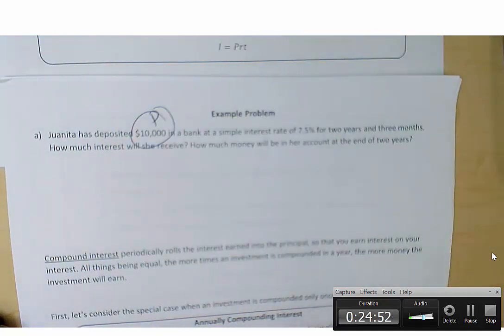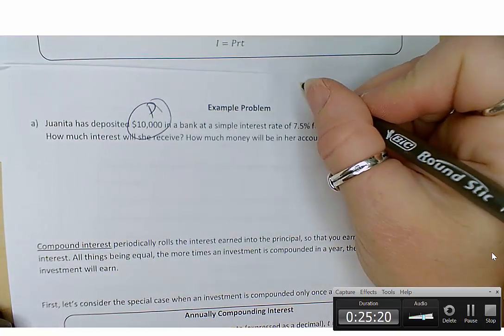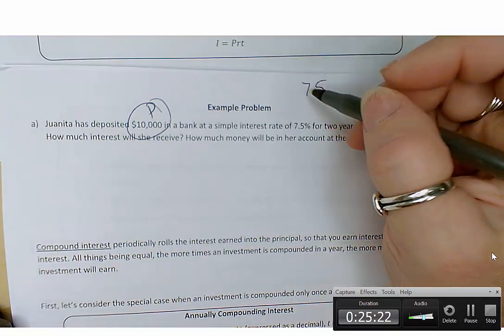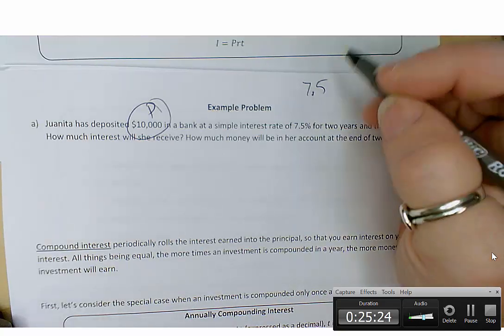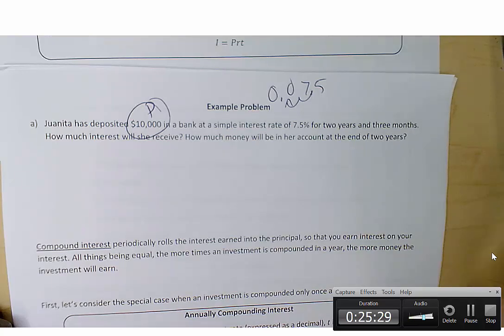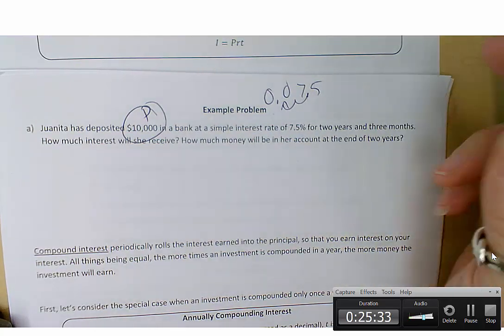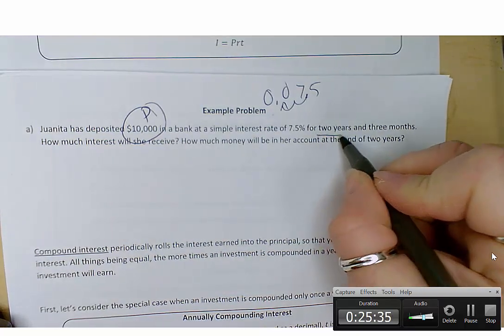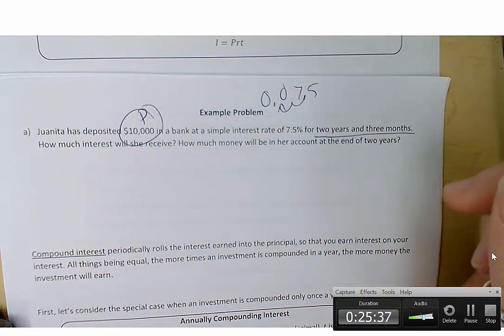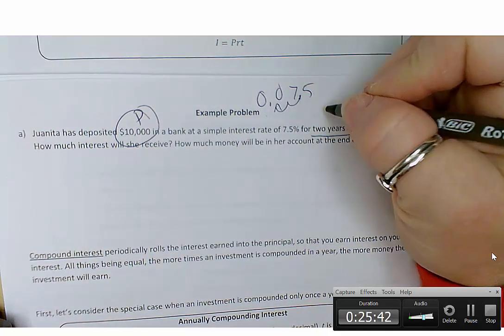So our principal is that $10,000 right over there. Our rate is 7.5%. In order to convert a percent to a decimal, you move the decimal place 2 times to the left, making this 0.075. And it says 2 years and 3 months, so we need our entire time calculated in years.